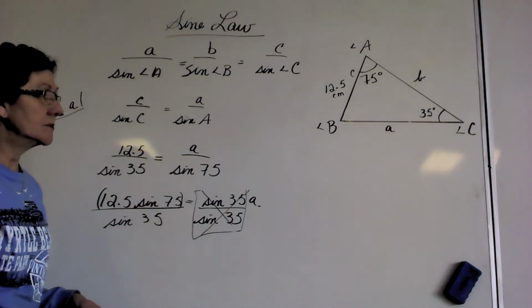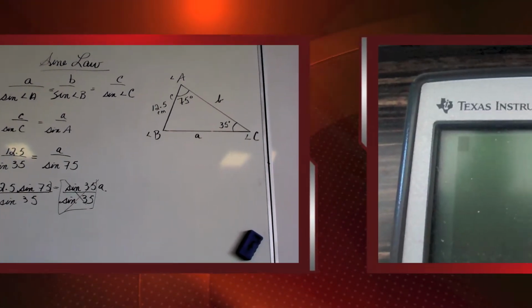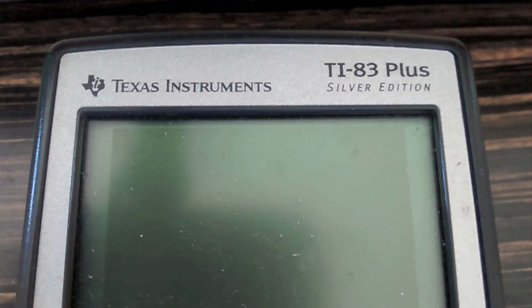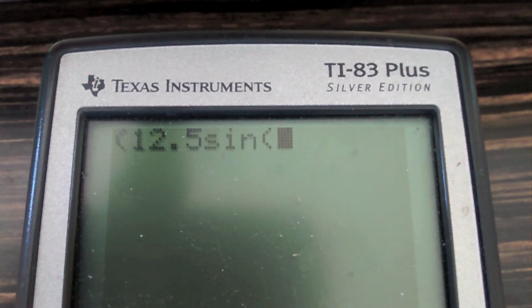I'll show you how to input that into your calculator. This is how you enter the sine law into your calculator. We have to bracket the numerator because there's more than one item in it, so we go 12.5 sine 75, then we end the bracket, divide, and then we have our denominator sine 35.